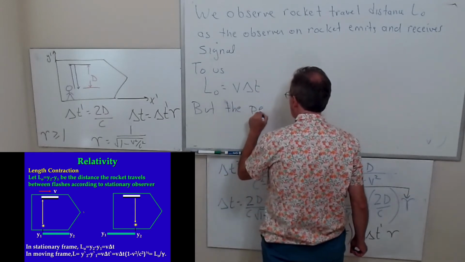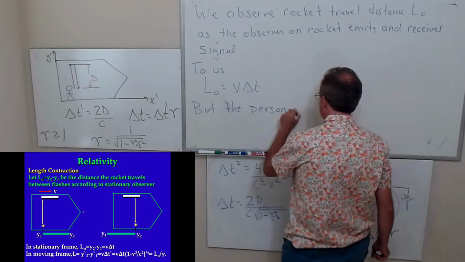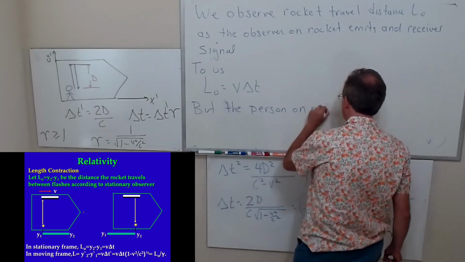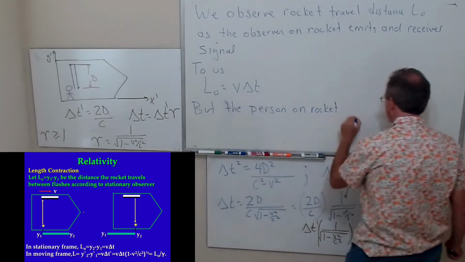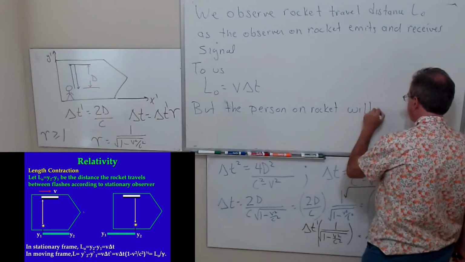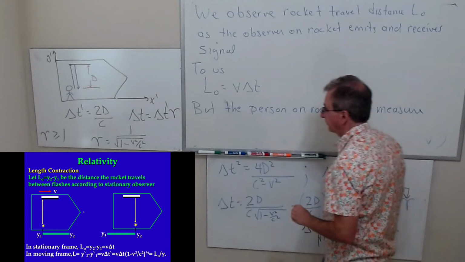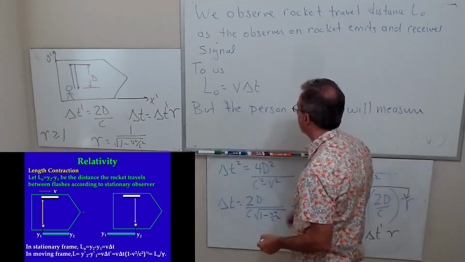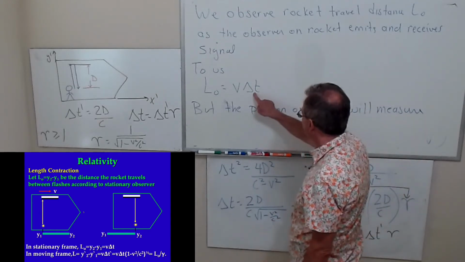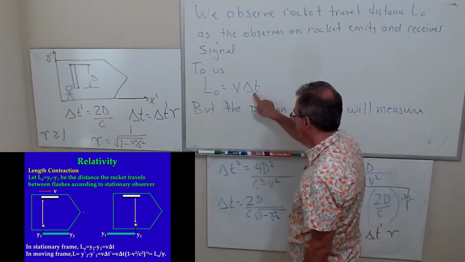The person in the rocket will measure a different distance. Because why? Because this time is different.